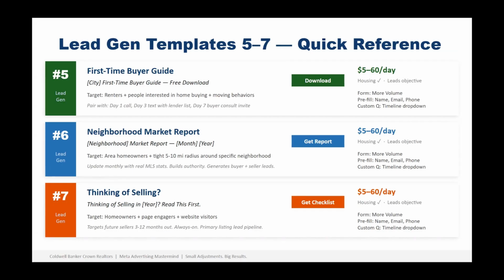The thinking of selling people are going to be your sellers, the people who are interested in what their home might be worth, who are in the process of maybe downsizing to a different home. Those are going to be those type of people.